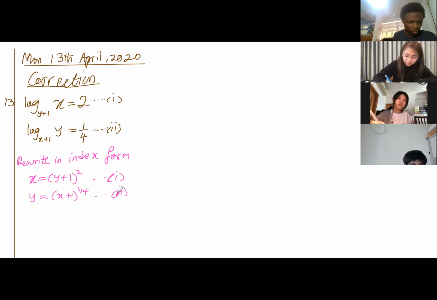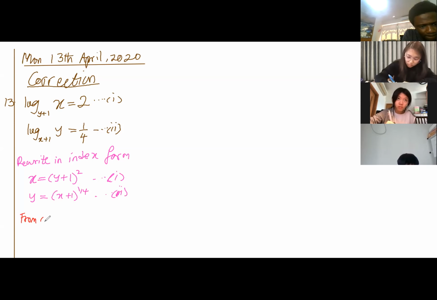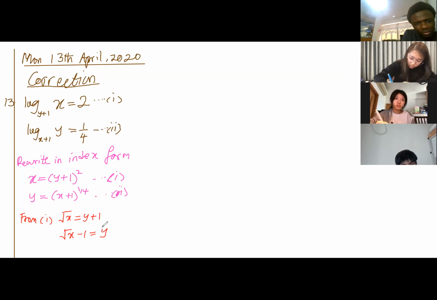So we need to find a way to substitute something. Okay, so let's see. I hope this is not too complicated for you. From the first one, I could say square root of x equals y plus 1, and square root of x minus 1 equals y.